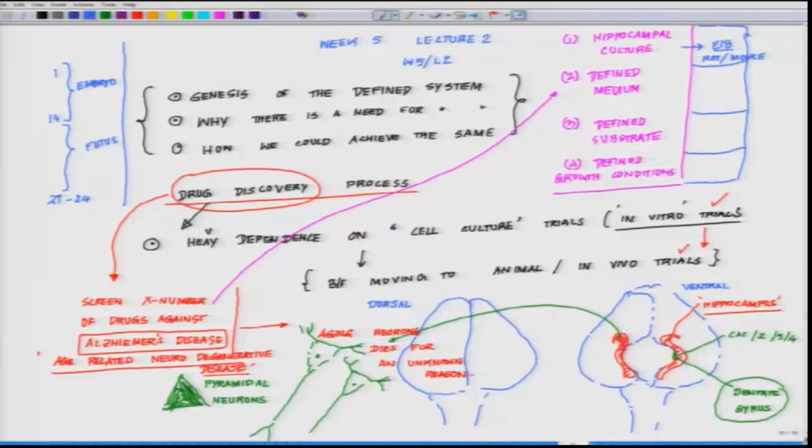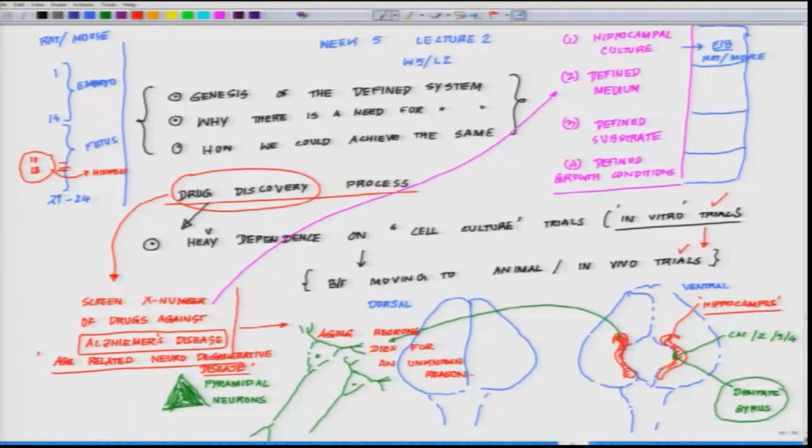So, this is the cycle a rat or a mouse goes through. Now, on day 17th, 18th, the hippocampus is fully developed in the fetus.